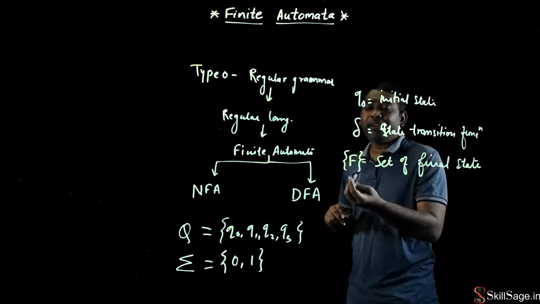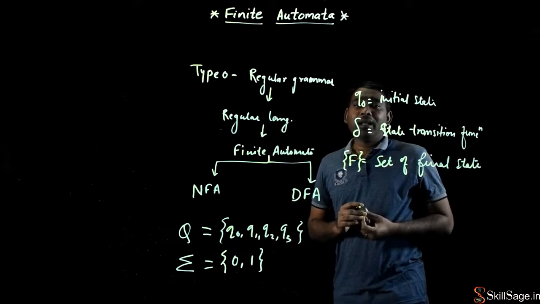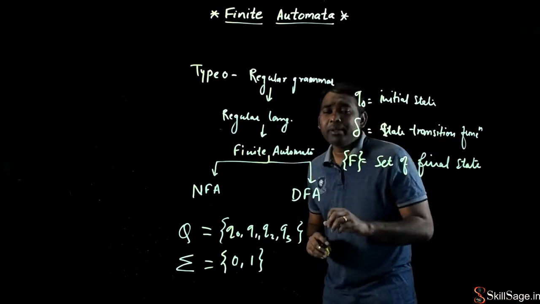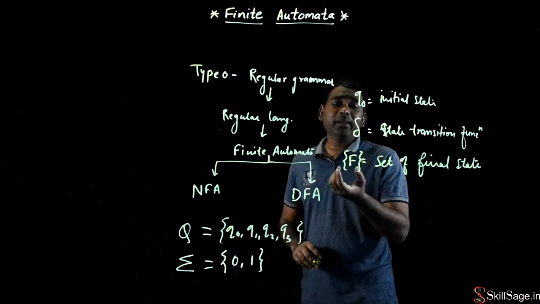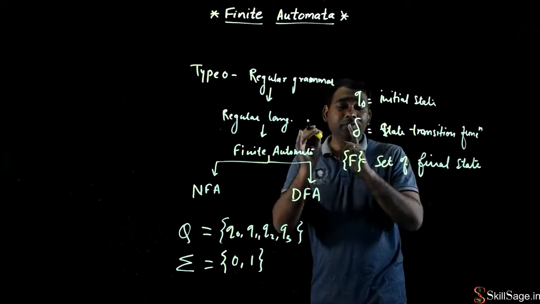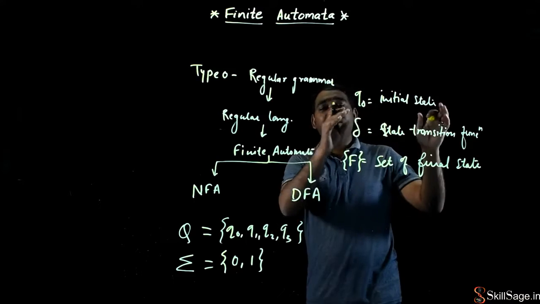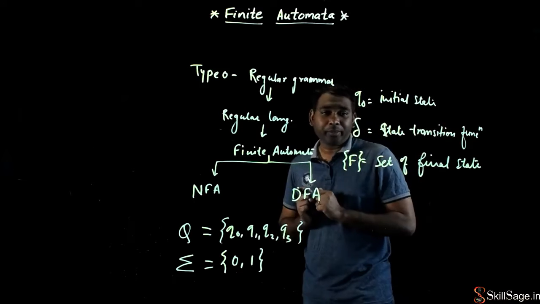So why have I used a set here? Because in my finite automata I have only one initial state, but a finite automata may consist of more than one final state. That is why, instead of a single state, I say it is a set of final states. So these are the 5 tuples of finite automata, right?